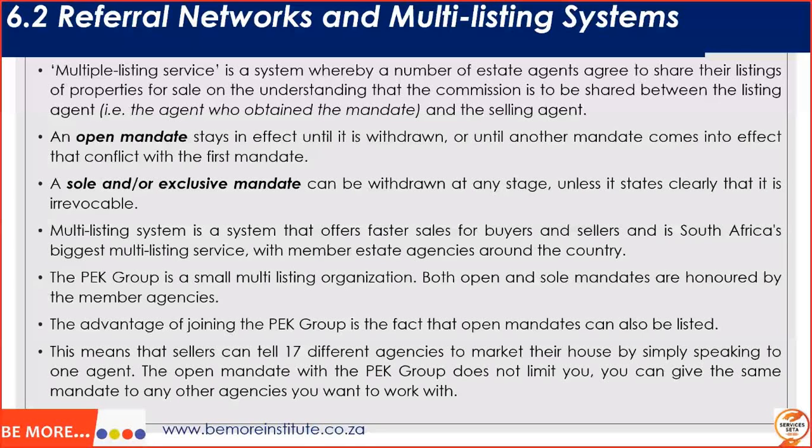So it means that your property is being shown to more people because of other agents participating in the process. On the other side, there is also the potential that everyone will be thinking the other person is working on it.